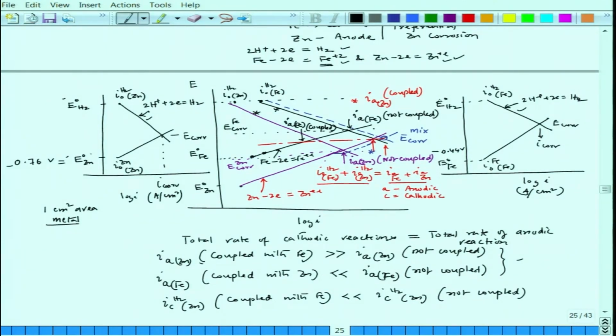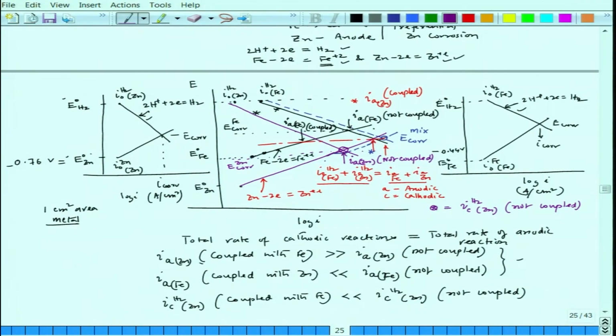Let us see whether that condition is satisfied. If I see the hydrogen evolution reaction rate when it was not coupled for the zinc case, it was here. So, this part is basically I_C hydrogen on zinc surface not coupled.